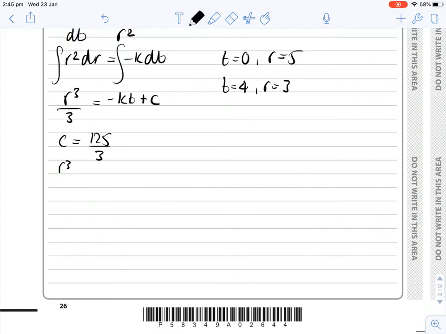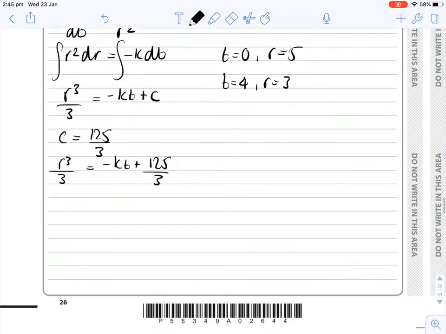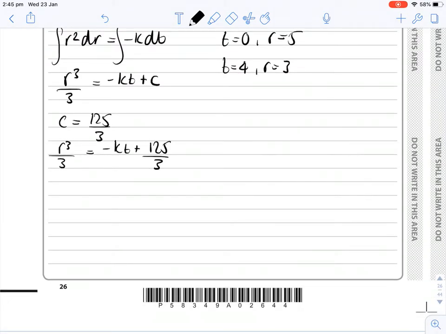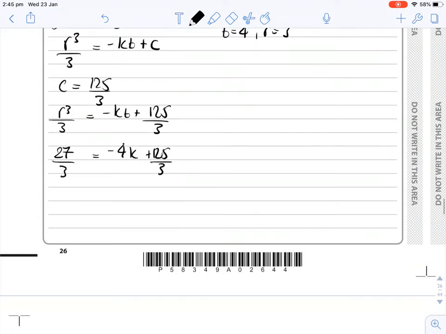So r cubed over 3 is equal to minus kt plus 125 over 3. And now if we put t to be 4 and r to be 3, then we can say that 27 over 3 is equal to minus 4k plus 125 over 3.